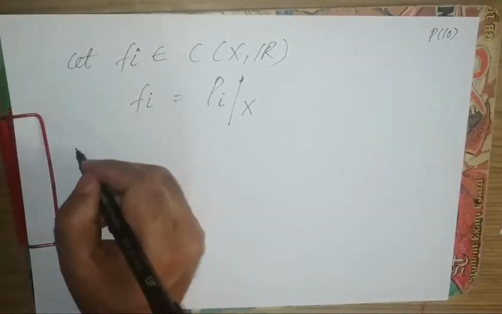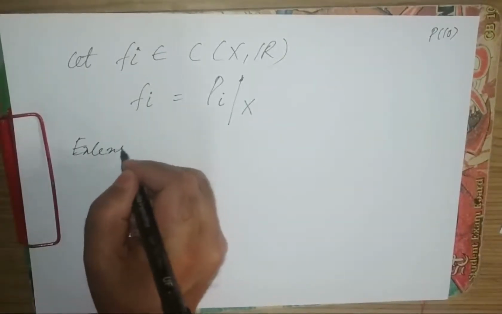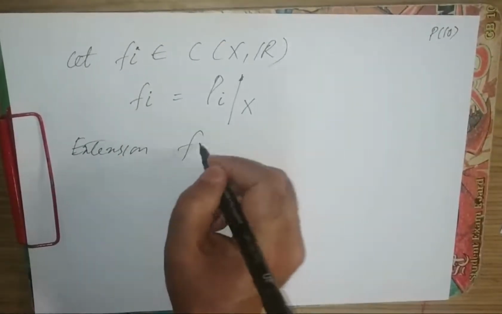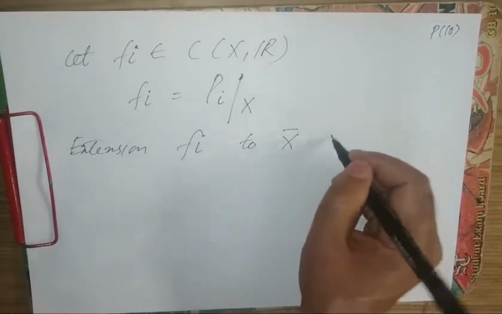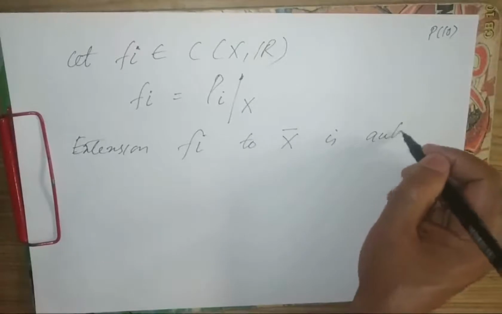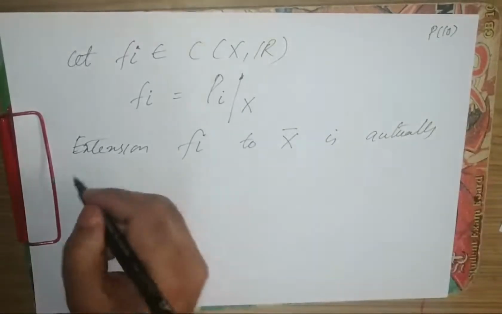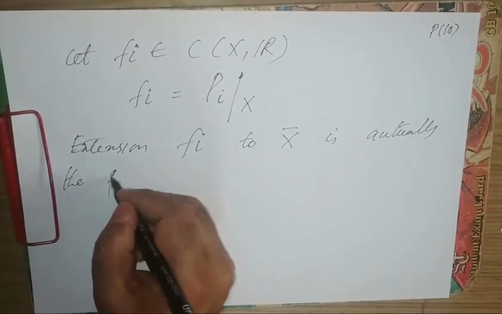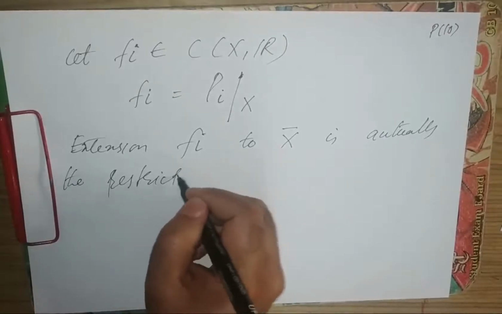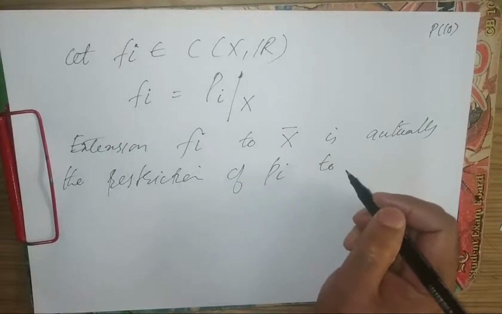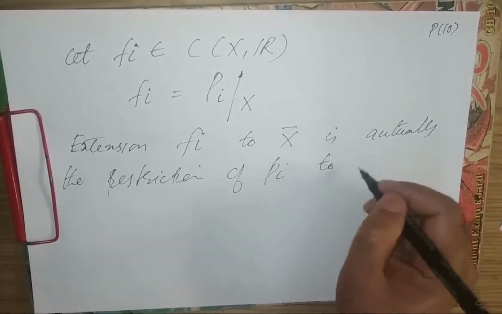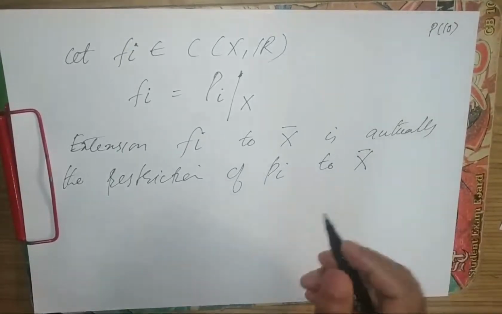The extension of fi to X closure is the restriction of Pi to X closure. Because what are Pi's actually?